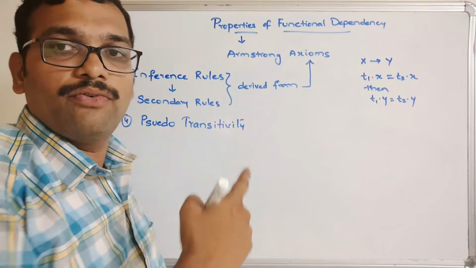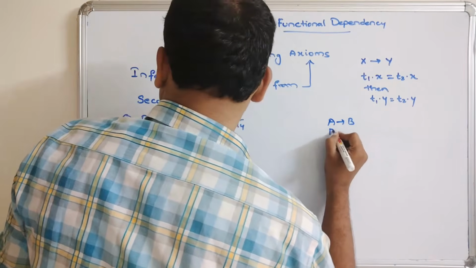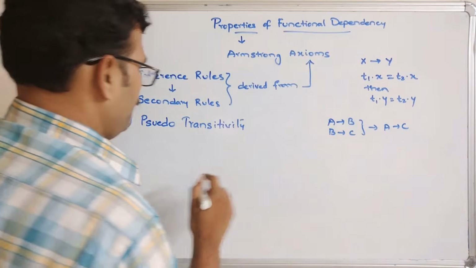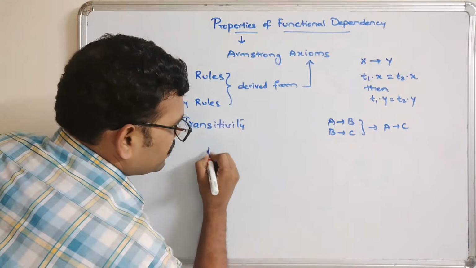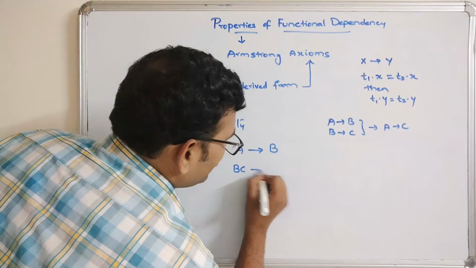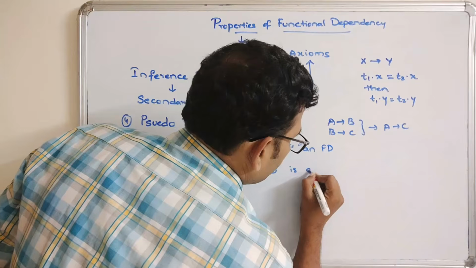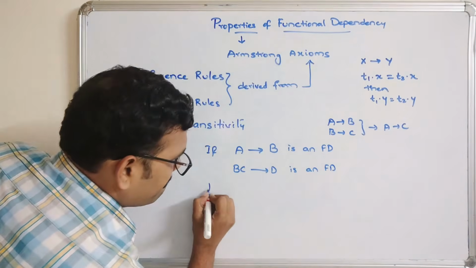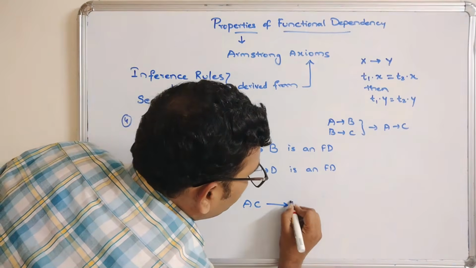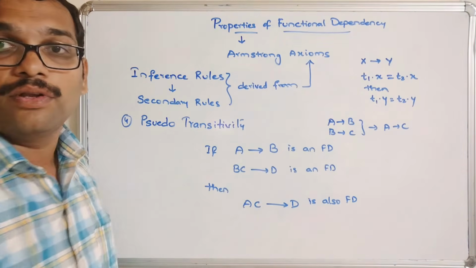The transitivity rule we have seen just now: if A tends to B and B tends to C, then simply A tends to C. So this is transitive. Here pseudo-transitivity says if A tends to B is functionally dependent and BC tends to D is also functionally dependent, then AC tends to D is also functionally dependent, which is similar to our transitivity rule.